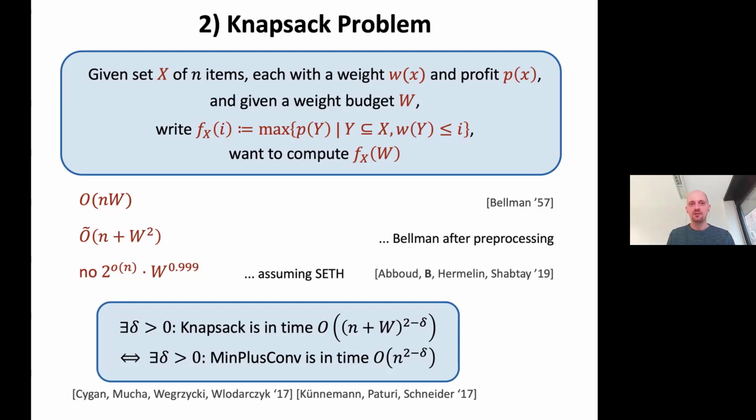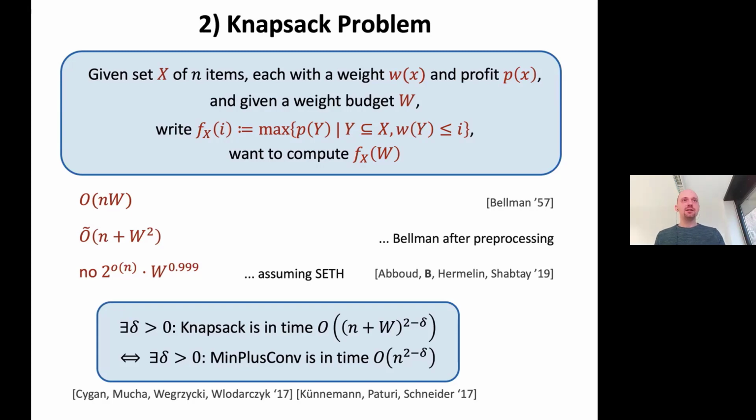And there's a hypothesis that you cannot do the latter, so it should also not be possible to do the former. In particular, knapsack is harder than subset sum, right? For subset sum, we got near linear time in n plus t. For knapsack, it's not possible to get near linear time in n plus W, assuming the min plus convolution hypothesis.